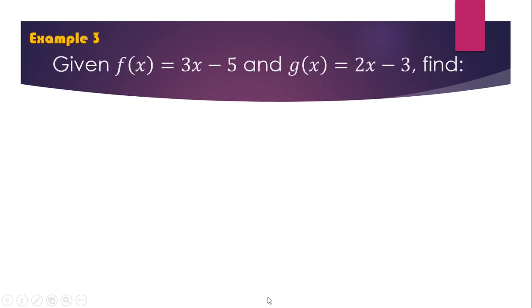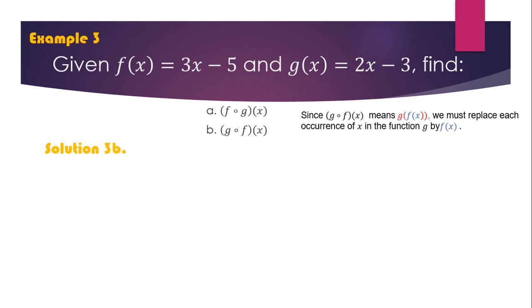It's the same given value for f of x and g of x. So letter B is find g circle f of x. Since g circle f of x means g of f of x, we must replace its occurrence of x in the function g by f of x.